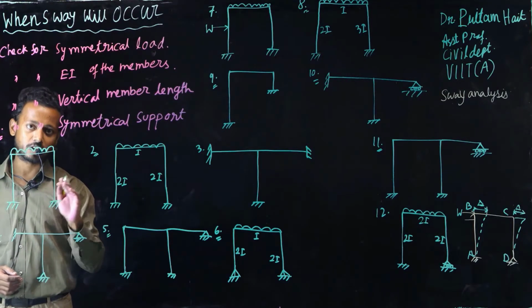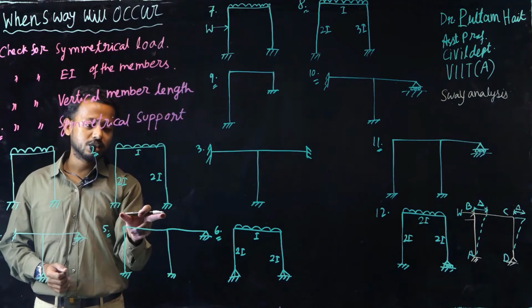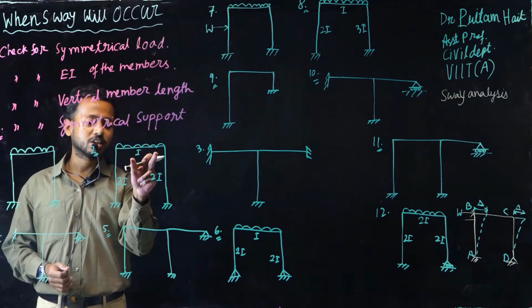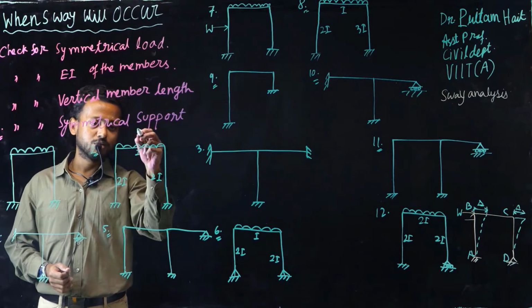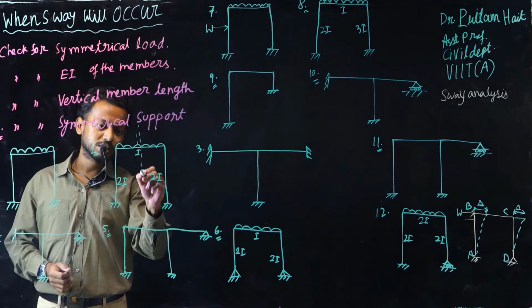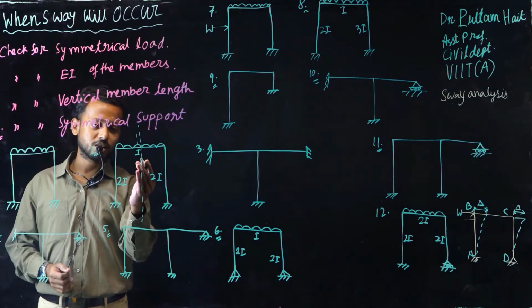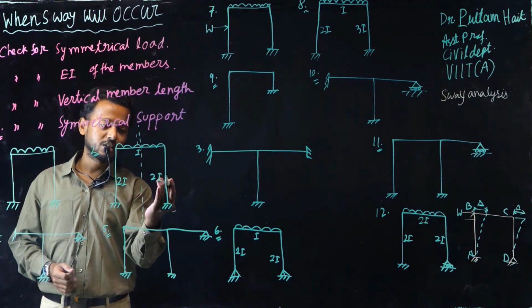Okay, it is clear. Come to this example. The support condition is same, length is same, loading is symmetric, flexural rigidity is symmetric: 2I, 2I, I. If you cut this section about the center of gravity, it will be symmetric. That means what is on the left side of the center of gravity is equal on the right side also.